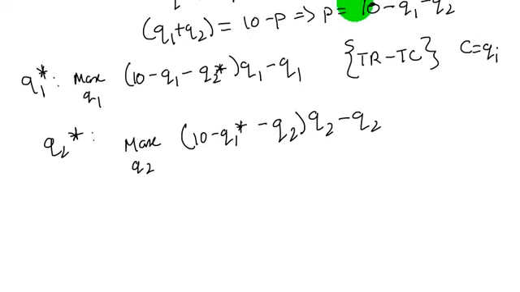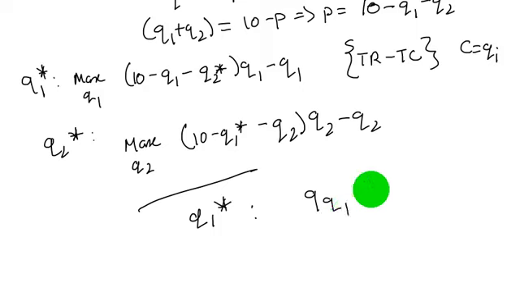Now we solve these two equations for Q1 star and Q2 star. Let us do it for Q1 star. It comes to 10 Q1 minus Q1, that is 9 Q1, minus Q1 square minus Q1 Q2 star.